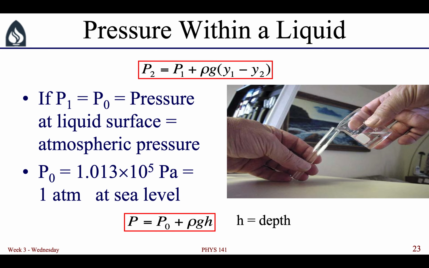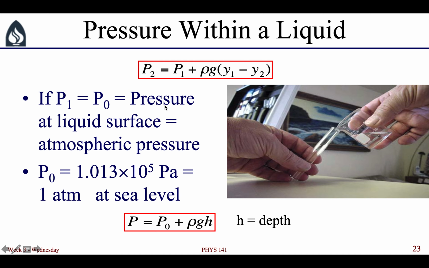So the atmosphere exerts an average pressure of 1.013 times 10 to the 5th pascals. This is also sometimes referred to as 1 atm, or 1 atmosphere, although 1 atmosphere is not the SI unit. The pascals number is, and this is at sea level. So if you go higher into the atmosphere, if you climb a mountain, then the pressure from the atmosphere will be a little bit less.